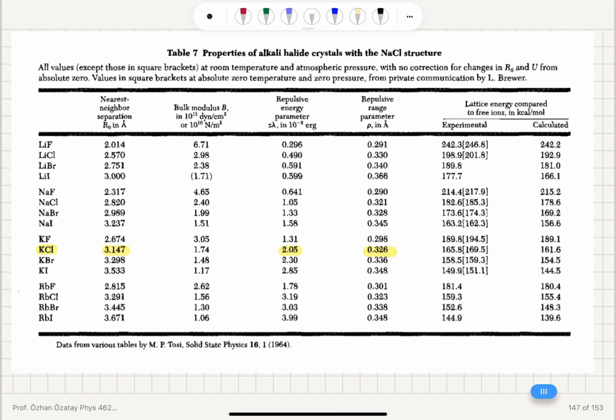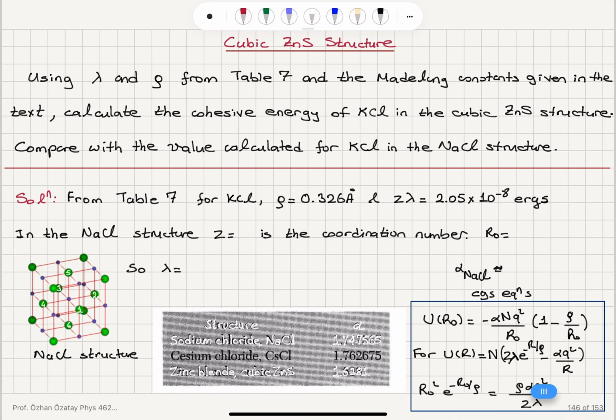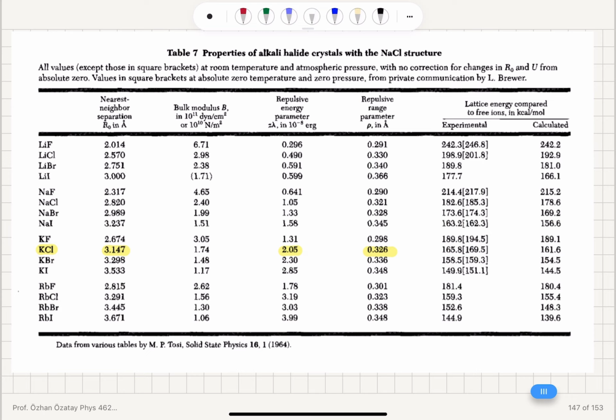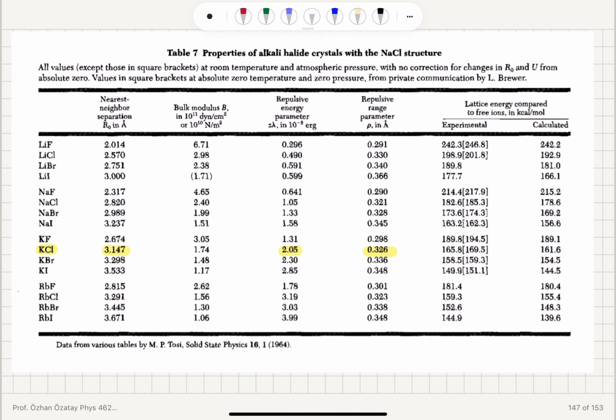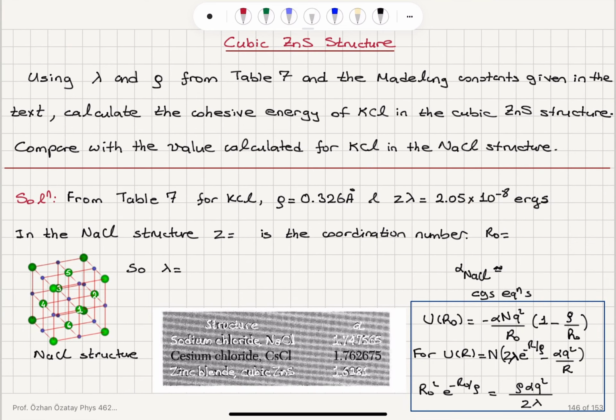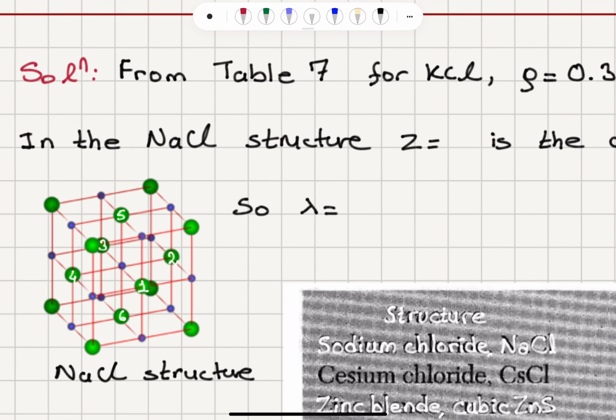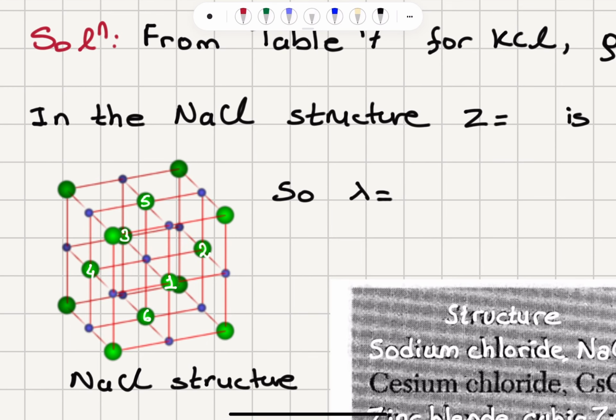In the sodium chloride structure, here is the structure.